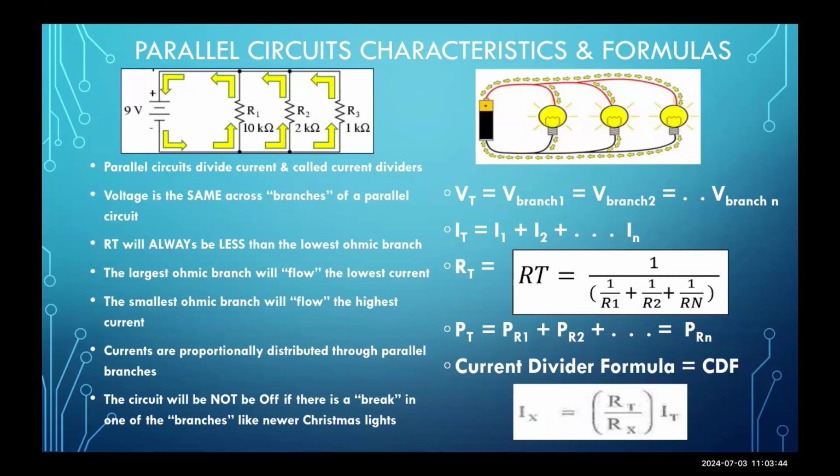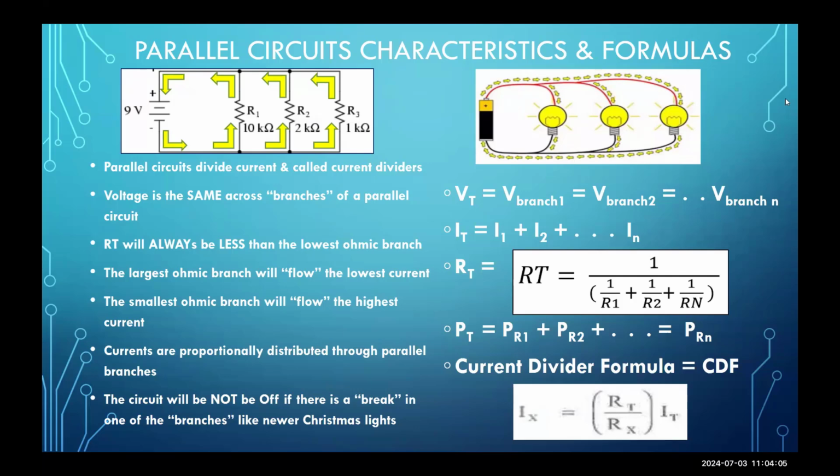Next formula, I total. Now, I total is different from the I total in series circuits. Here, I total is the sum of each of the branch currents. So the sum of the current through branch 1, branch 2, branch 3, will add up to give you the total current.